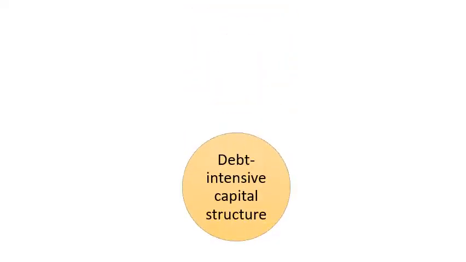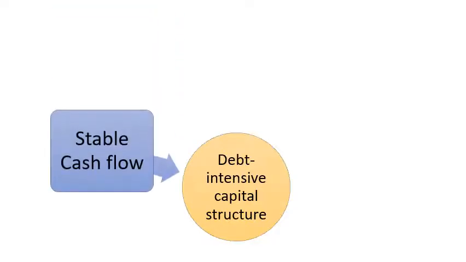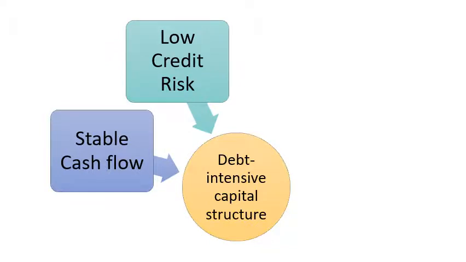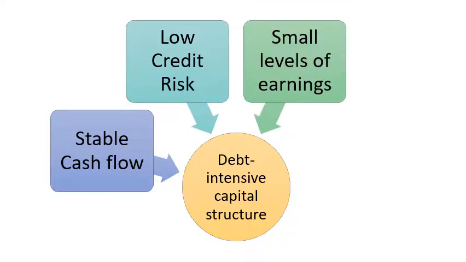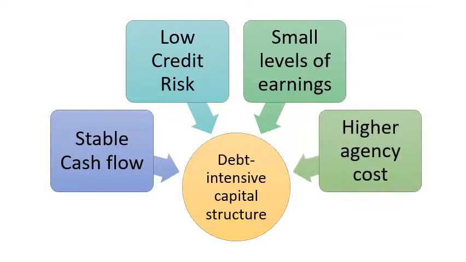The debt-intensive capital structure can be chosen by the parent company if it has a stable cash flow and it has low credit risk and experiences smaller levels of retained earnings, and the agency cost of the multinational company's shareholders is high.